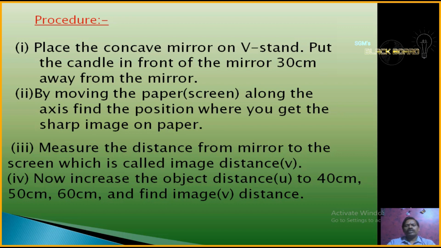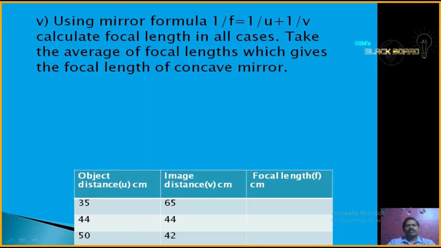In all the cases you need to find the image distances. Using the mirror formula 1/f = 1/u + 1/v, we need to calculate the focal length in all the cases. Mostly we will get the same focal length in all cases. If the focal lengths in different cases are different, take the average of the focal lengths, which gives the focal length of the concave mirror.